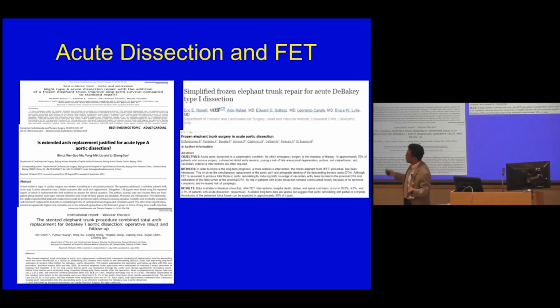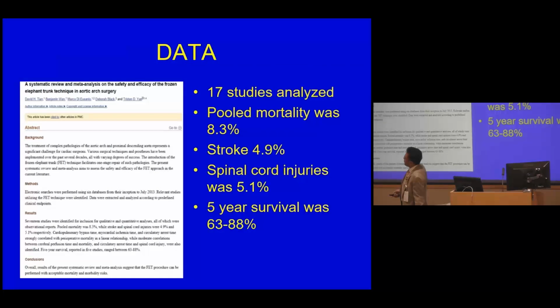There's been a lot of literature on the use of the frozen elephant trunk technique, and it showed pretty positive results. This is a meta-analysis, 17 studies analyzed, and the pooled mortality was 8.3%, pretty acceptable. The stroke rate was about 4.9%.